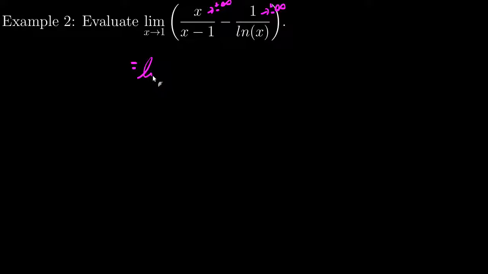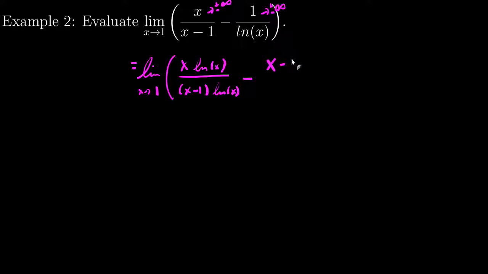So this will equal the limit as x approaches 1 of, the common denominator is natural log of x times x minus 1. So I'll multiply this by natural log of x. So I have x natural log of x divided by x minus 1 natural log of x. And I'll multiply this by x minus 1 divided by x minus 1.